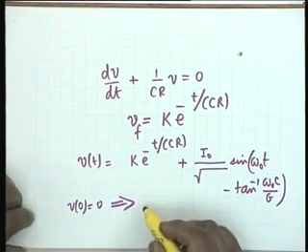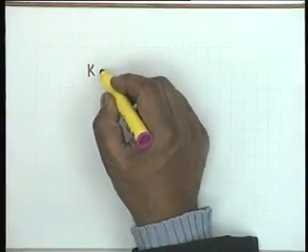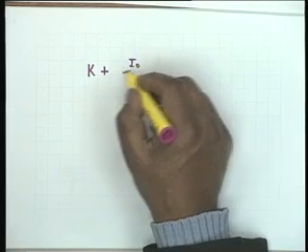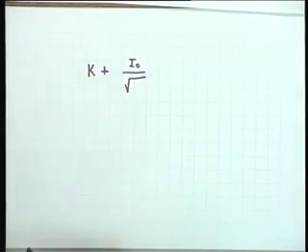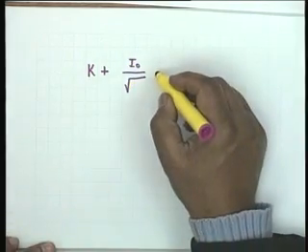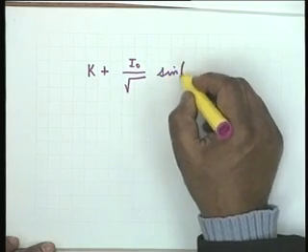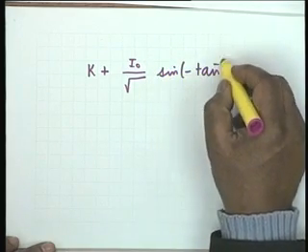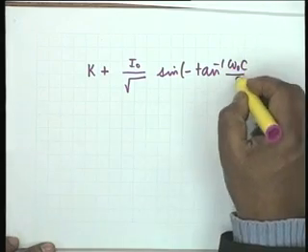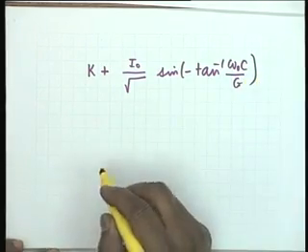If I do that, V0 equal to 0, then you get the following equation: K plus I0 divided by square root of G squared plus omega squared C squared, then sine of minus tan inverse omega 0 C divided by G.